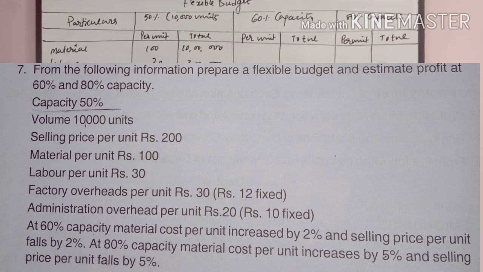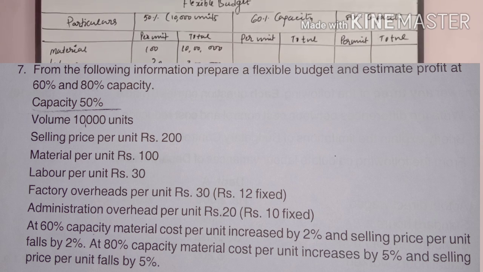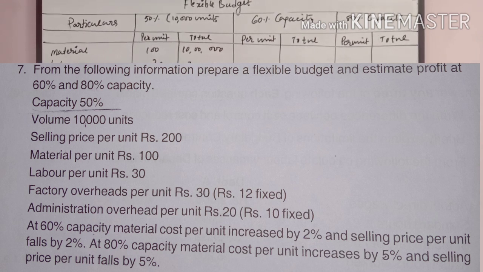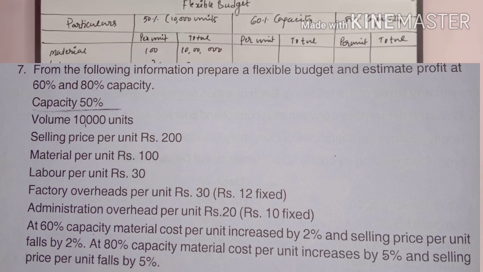At 60% capacity, material cost per unit increases by 2% and selling price per unit falls by 2%. At 80% capacity, material cost per unit increases by 5% and selling price per unit falls by 5%. This adjustment should be taken care of.